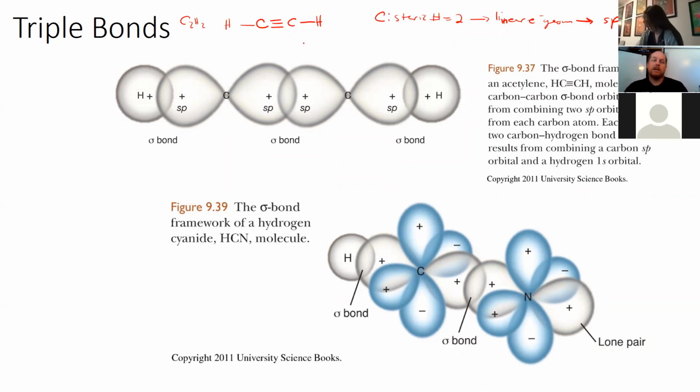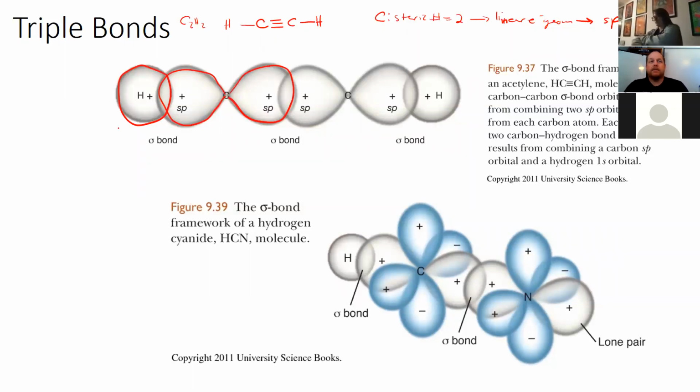which means we have an sp hybrid carbon. So if we have sp hybrid, what that tells us is off of each of these carbons we have these 2 sp hybrid orbitals. Now, if I take the left carbon first, that sp hybrid orbital is going to form the sigma bond with the hydrogen atom.